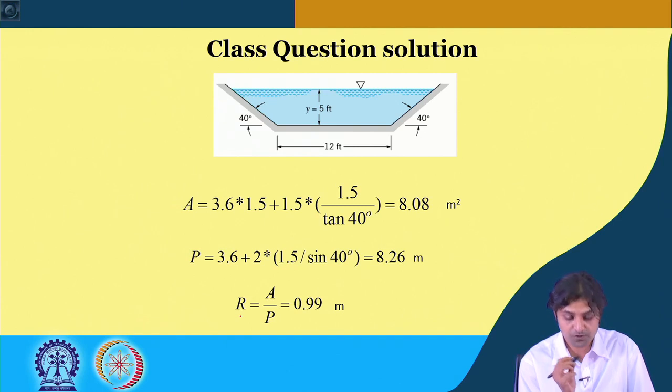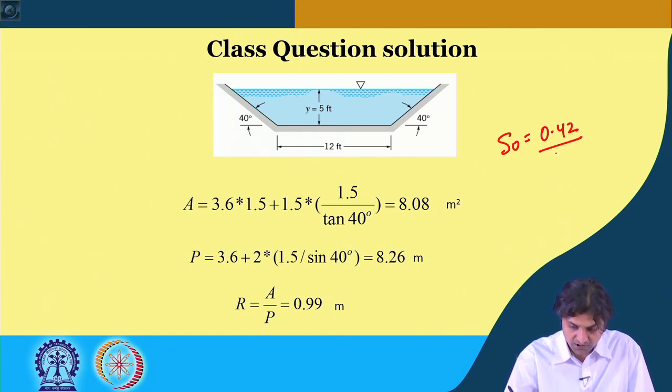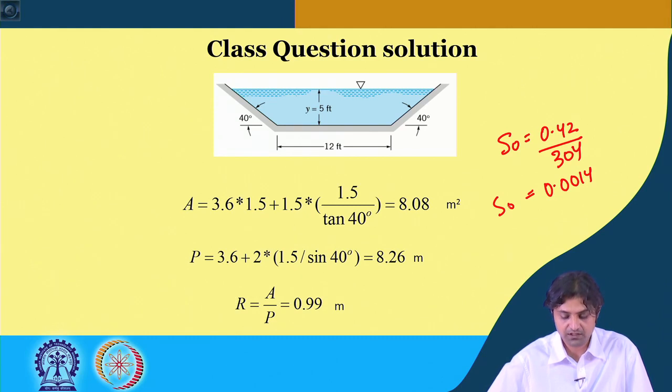We have also been told that the bottom drops 0.42 meters per 304 meters. Therefore, we have been indirectly given the slope S naught. It drops 0.42 meter in 304 meters, so S naught comes out to be 0.0014. We have already told you many times that S naught is very small.